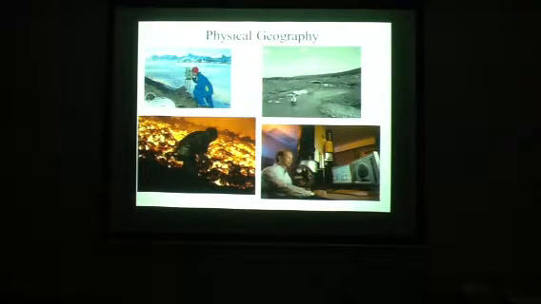It's things like glaciers, river streams, volcanoes, even that guy down at the bottom on the right sitting in front of a computer. He's a nerd, I know, but the fact is that he is doing physical studies, taking data from these other places and utilizing them to study physical geography.